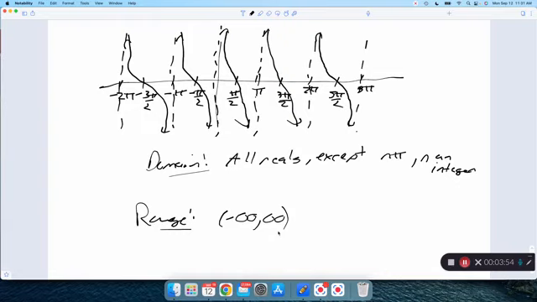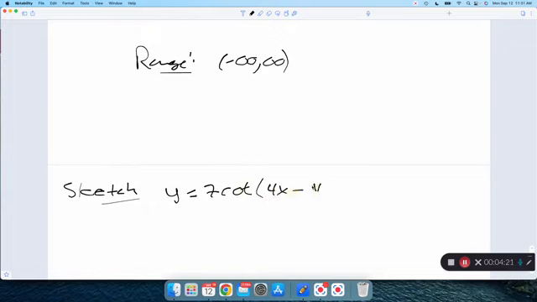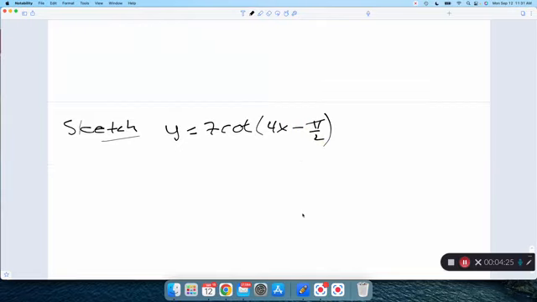Okay, so that's the basic graph of cotangent. What if we shift it around? What if we throw in some numbers? So let's sketch, I don't know, y equals 7 cotangent of 4x minus pi over 2. Just like with tangent, we don't really have an amplitude.